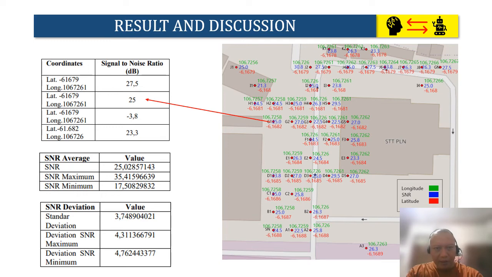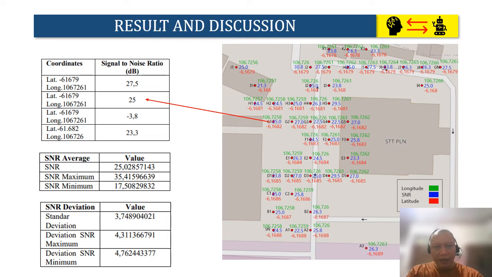For the maximum SNR, we have 35.414190639, and for the minimum, 17.50829832.